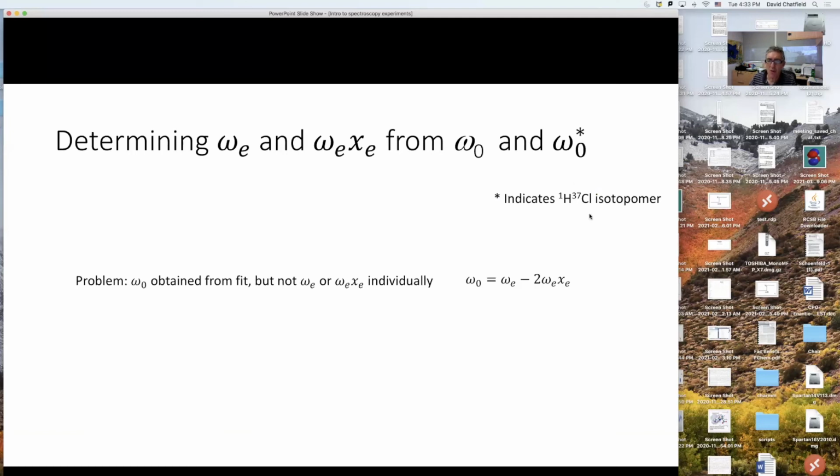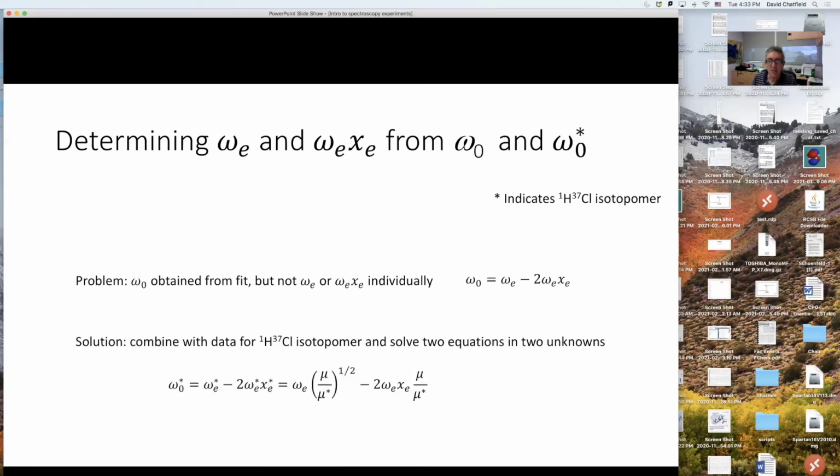For one isotopomer, we have this definition of ω0. When we have no asterisk, we're describing the 1H35Cl isotopomer. For the other isotopomer, we have this expression where the asterisk just means 37. And you can do a little algebra and get this.